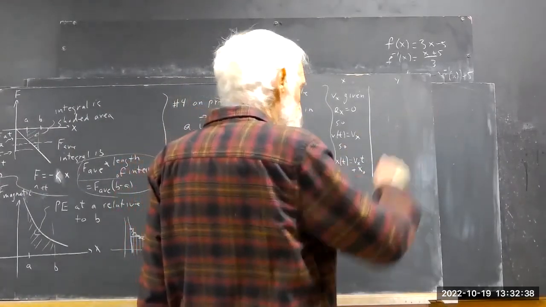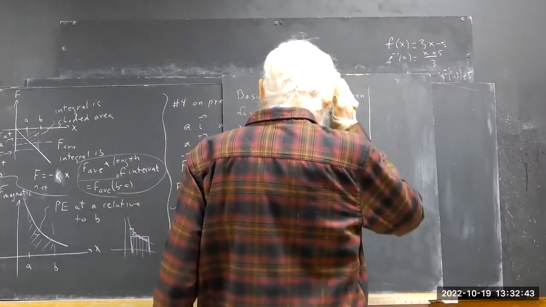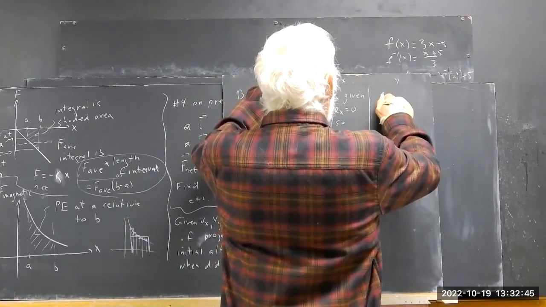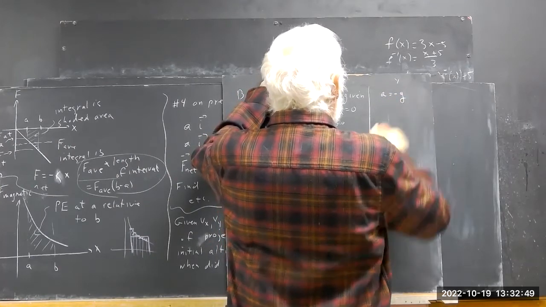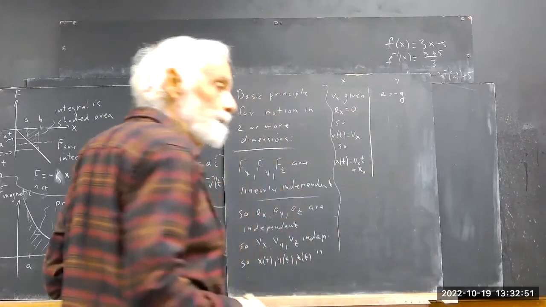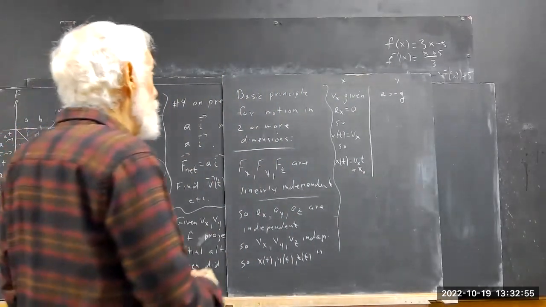So we always get that in the y direction, A equals negative g. Always.